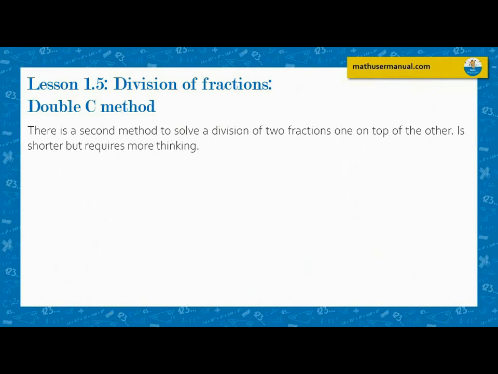There is another way to do this type of division when they are one on top of the other, when the fraction looks like this. And it's called the double C method. It's called the double C because we make a couple of C's to solve. It's a fraction, and the first C is a small c, connecting those two middle numbers. That small c is a multiplication, and it goes in the denominator.